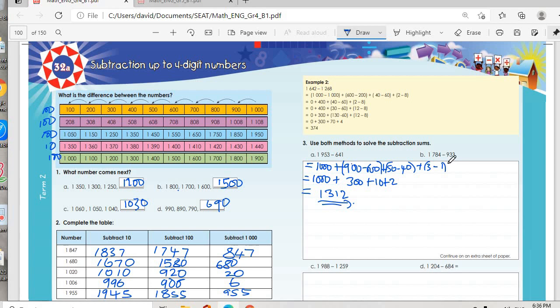Then on this one, 1784. This one, let me just do like this.